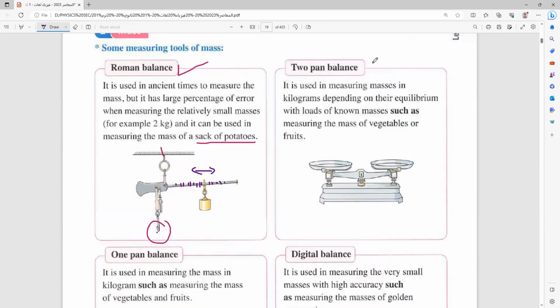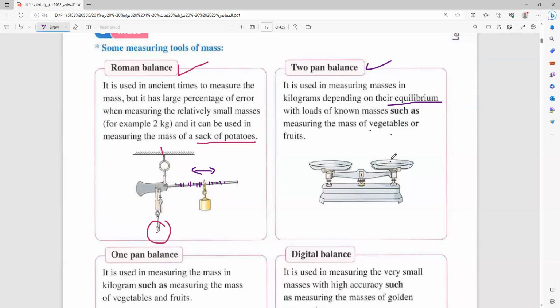The two-band balance, all of us know this tool. It is used to measure vegetables and fruits. It depends on the equilibrium with loads.